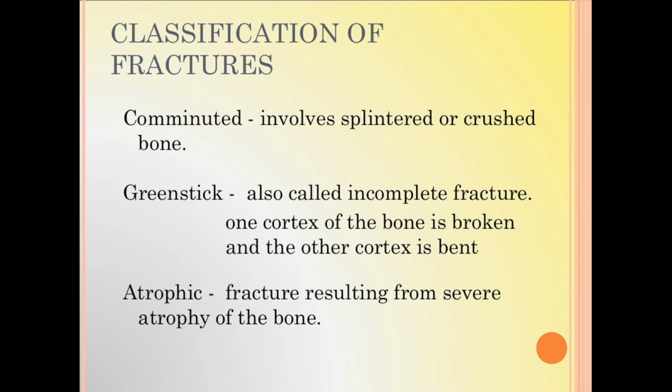Comminuted involves splintered or crushed bone. Greenstick, also called incomplete fracture: one cortex of the bone is broken and the other cortex is bent. Atrophic: fracture resulting from severe atrophy of bone.